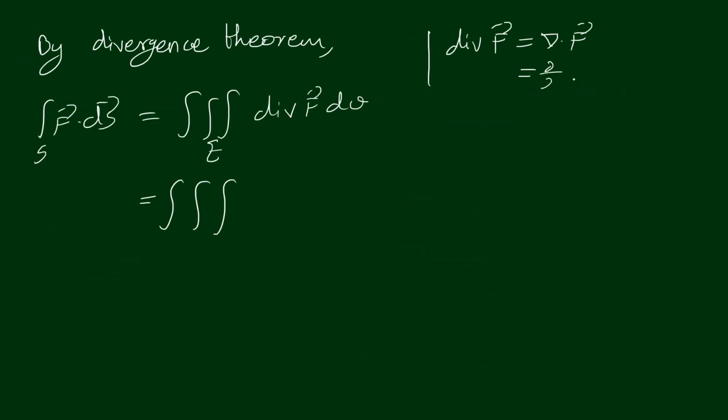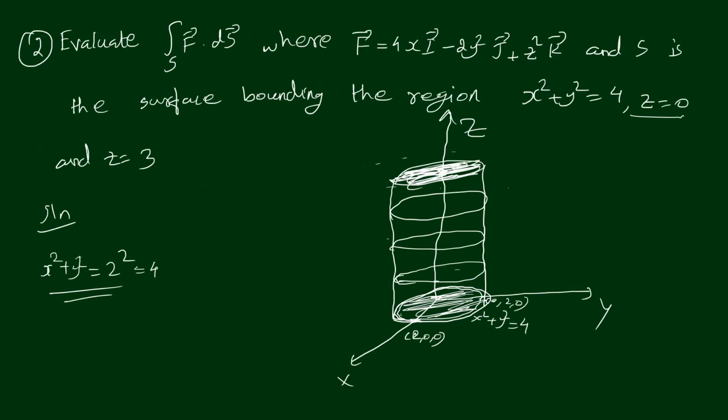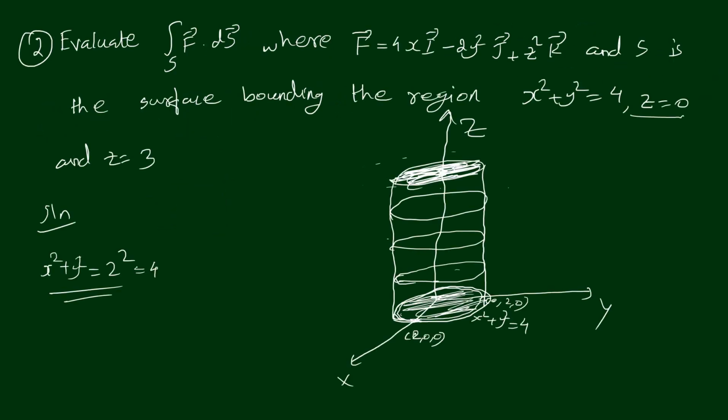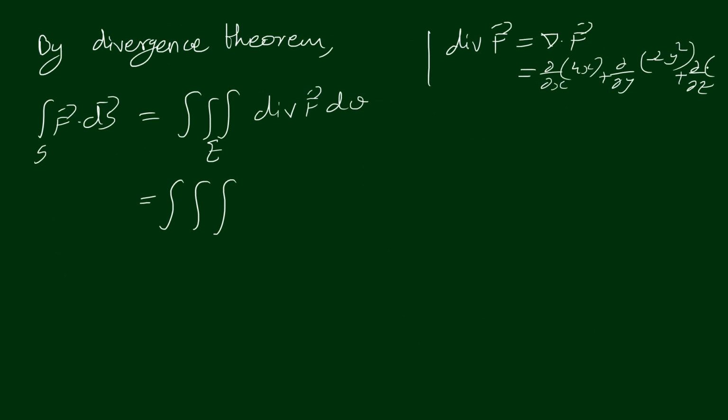So it is dou by dou x of the coefficient of i, which is 4x, plus dou by dou y of the coefficient of j, which is minus 2y square, plus dou by dou z of the coefficient of k, which is z square. So what will we get? The derivative of 4x with respect to x is 4, plus the derivative of minus 2y square is minus 4y, plus the derivative of z square is 2z. So we can substitute here 4 minus 4y plus 2z.